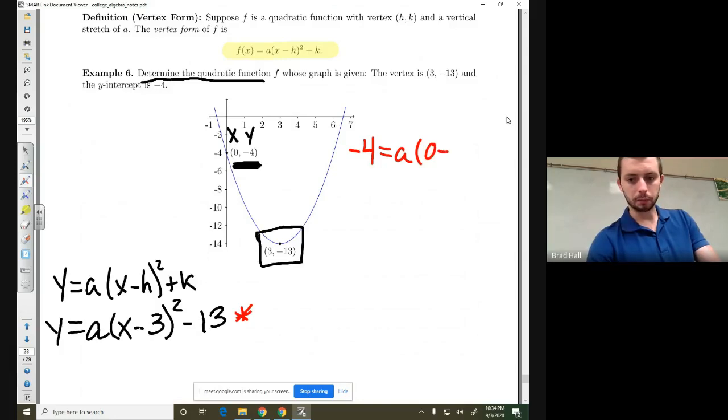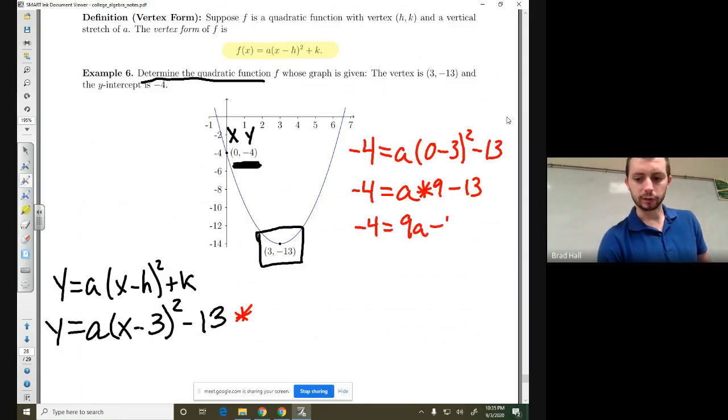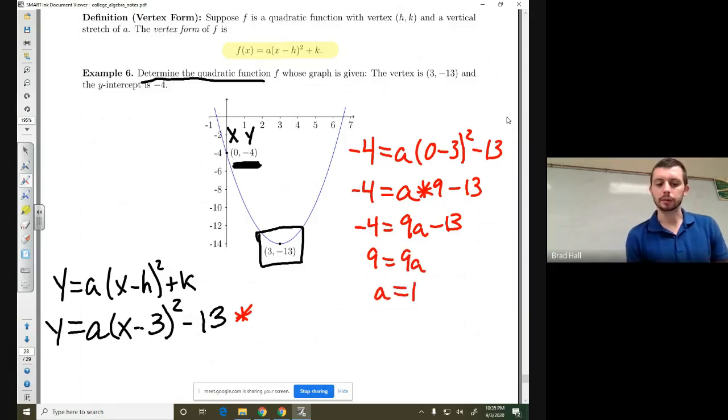X is now 0, minus 3 squared, minus 13. 0 minus 3 is negative 3. That squared is 9. So that's a times 9 minus 13, or in other words, 9a minus 13. We can add 13 on both sides to get 9 is equal to 9a. And then we get that a is 1.